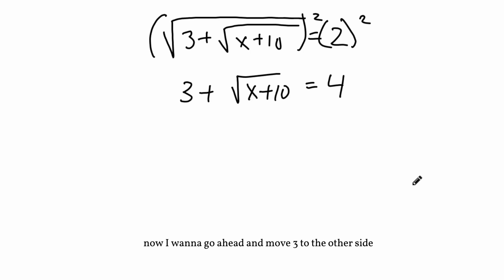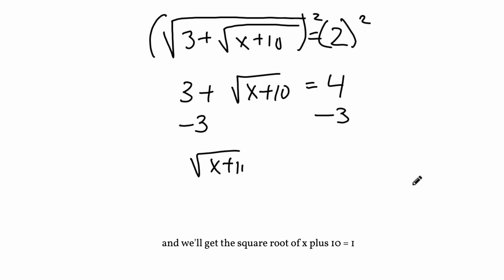Now I want to move 3 to the other side so that we can get the radical by itself, so that we can square it again. You could technically square it like this, but it would be so much extra work, and I highly recommend you don't do that. So we subtract 3 from both sides, and we get the square root of x plus 10 equals 1.